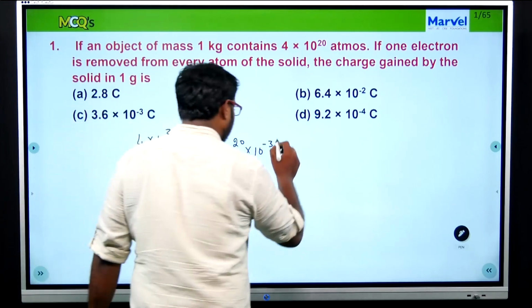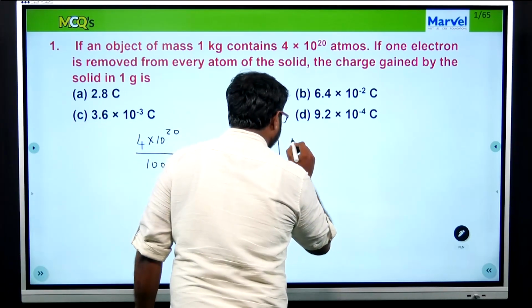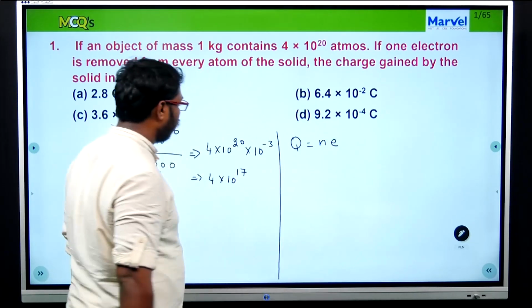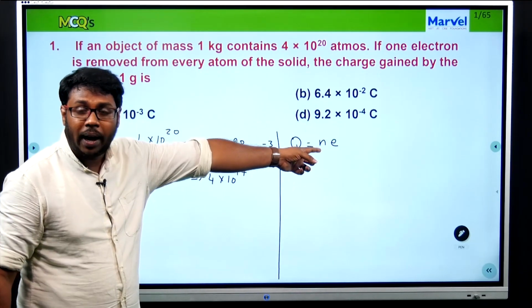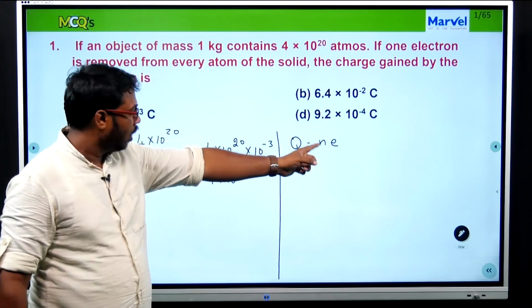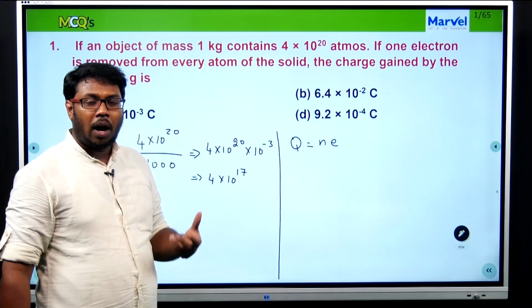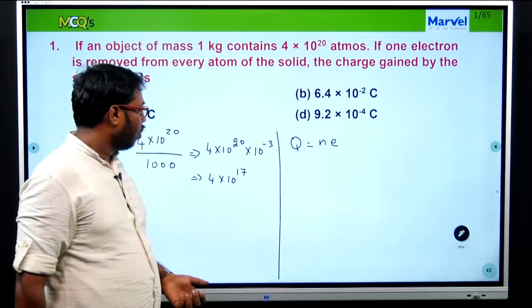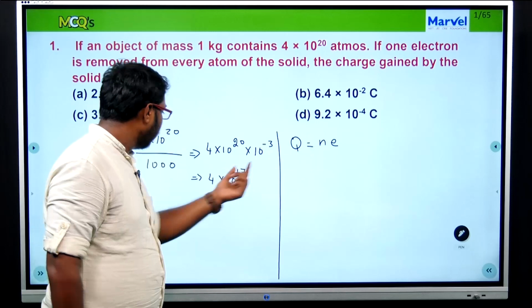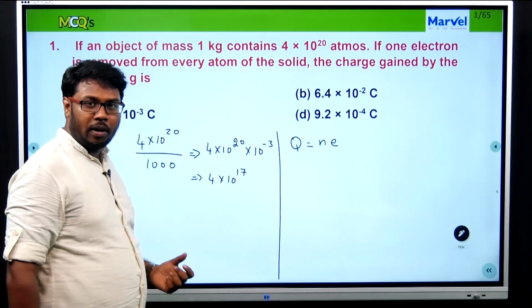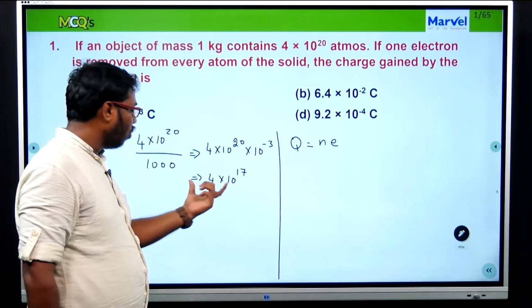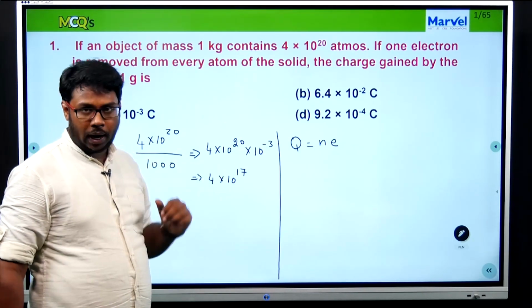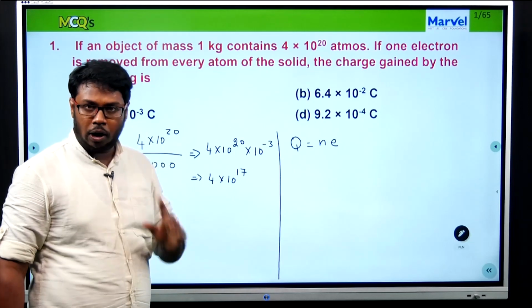Now the total charge is nothing but n times the charge. What does that n stand for? N stands for the number of charges and e is the magnitude of the charge that we are going to talk about. Here n is what we are finding. What did I find in here? I first found the number of atoms that are present for 1 gram, and for every atom 1 electron is removed.